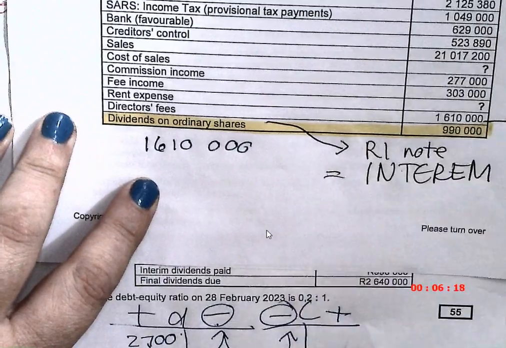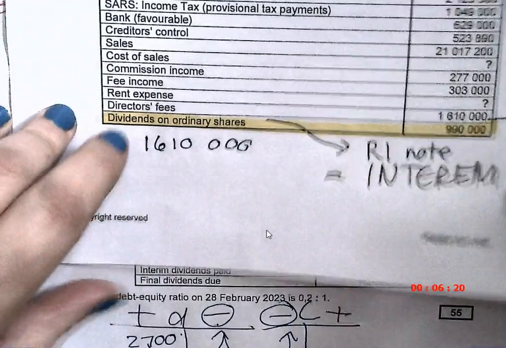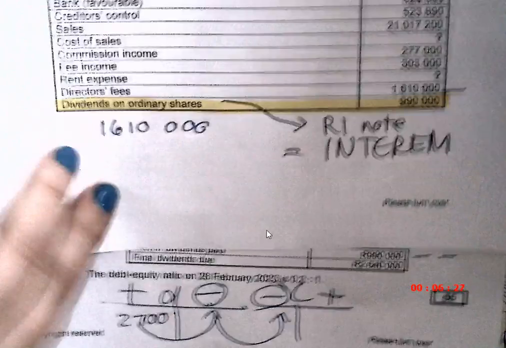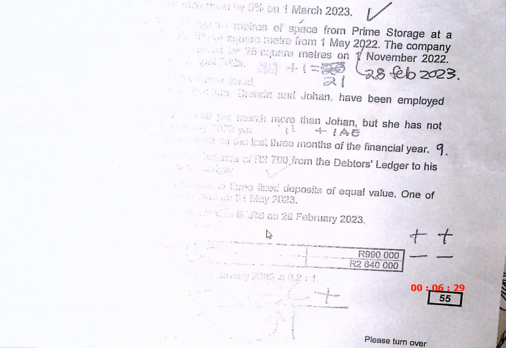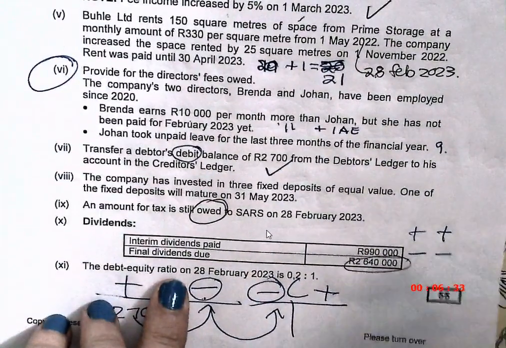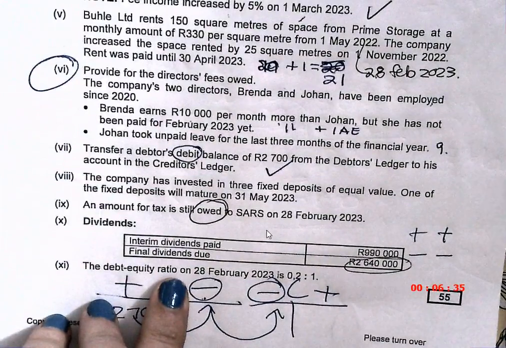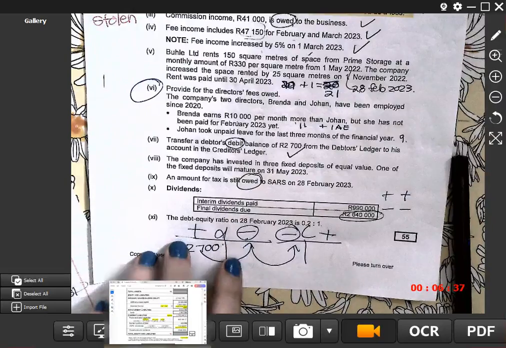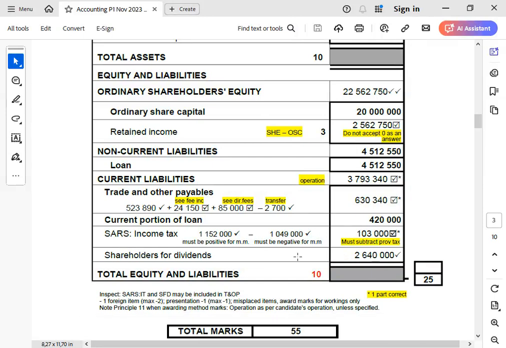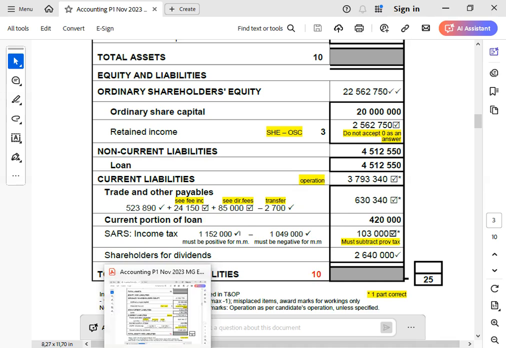Okay, sure. So now let's go see. They tell me here interim dividend 990, and can you see 990? And then they say final dividends due 264. And that 264 I have to put in the face of the balance sheet. Can you see? There it goes. Why? Because we still owe it to the shareholders, so it's a liability.